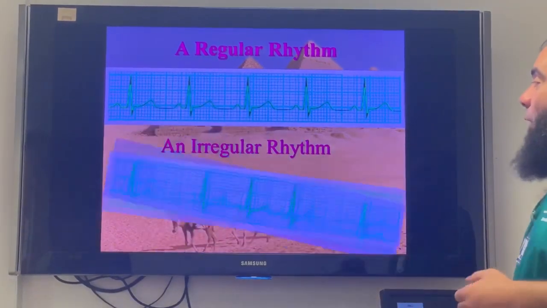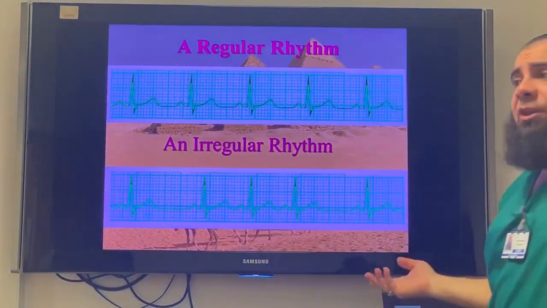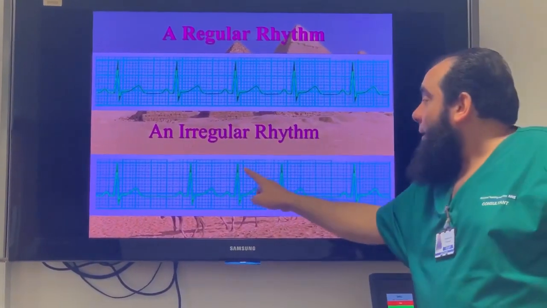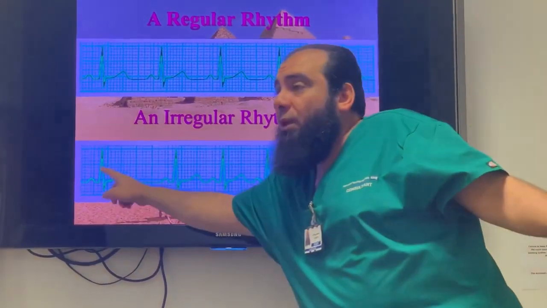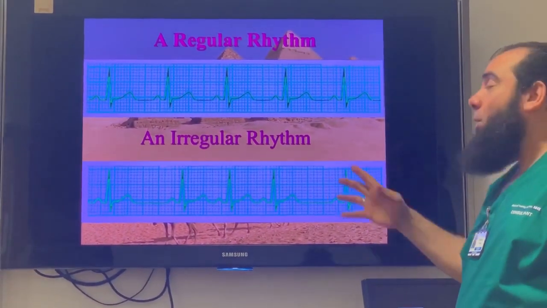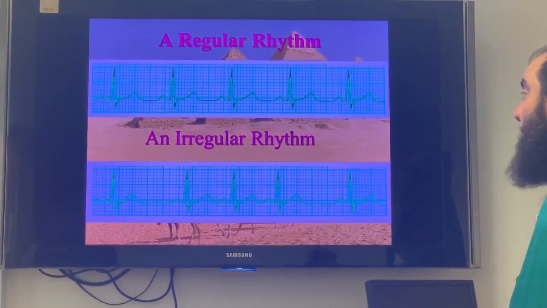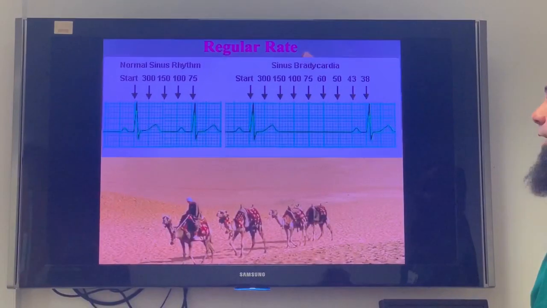Here is an example of an irregular one, which has variation between R and R. So simply, it is irregular. Obviously, that interval is not equal to that interval. Do you need a paper? I don't need it, isn't it? This is an obvious one of irregularity. So initially you have to tell whether it is irregular or not.